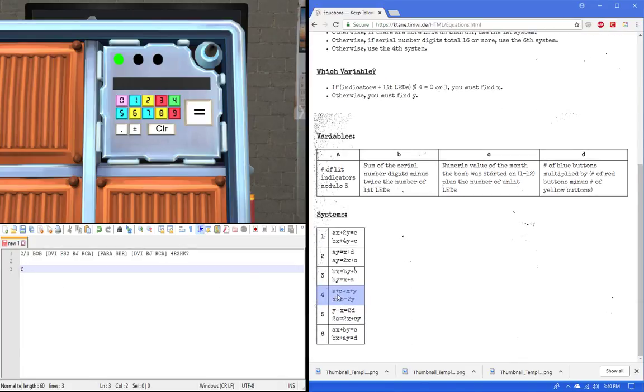So we have a plus c equals x plus y, and x equals b minus 2y. What I can do is subtract y, so we have a plus c minus y, which equals x.